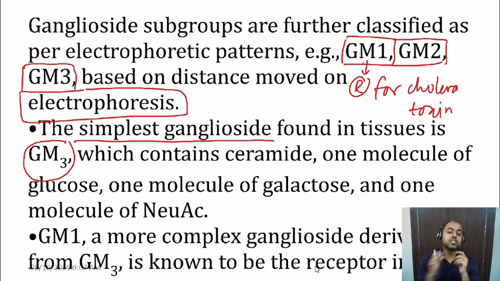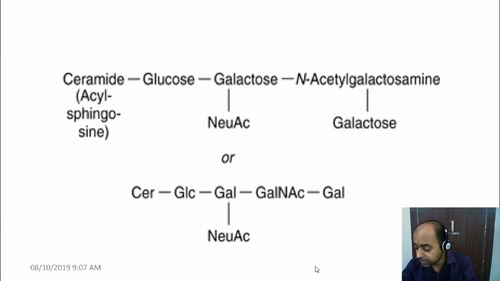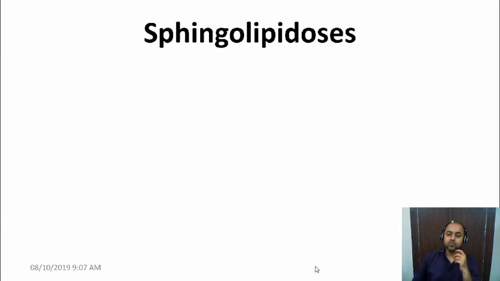Now, these sphingolipids, the sphingophospholipids as well as the sphingoglycolipids, all of them can have defective degradation. Because of the defective degradation, they can start accumulating in the body, and as a result give rise to what is known as sphingolipidosis.